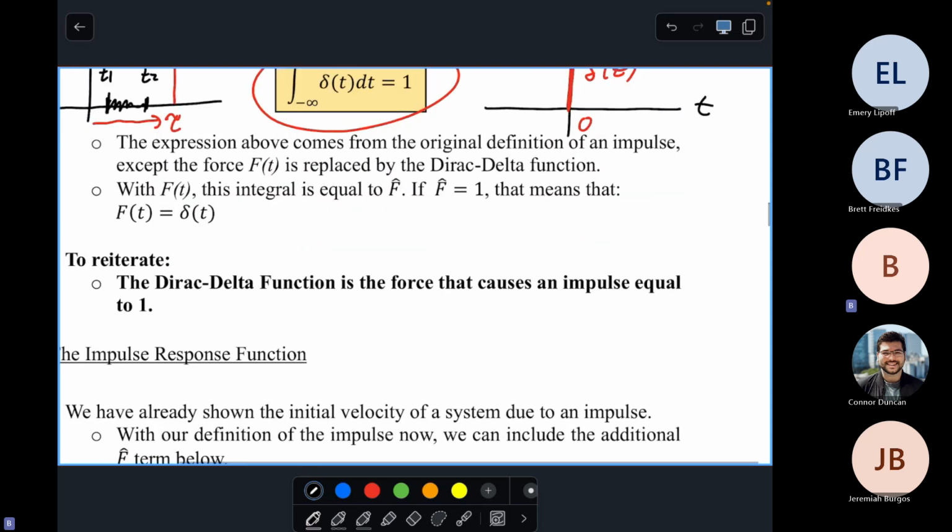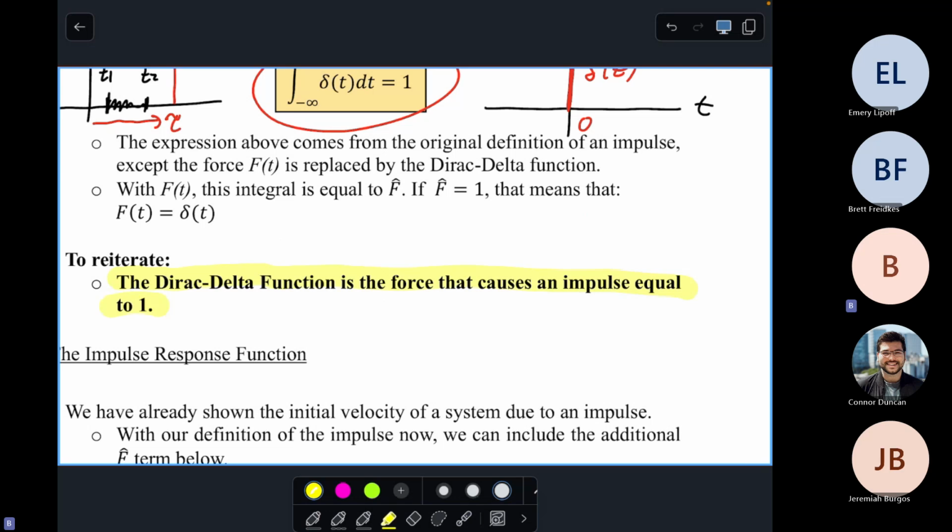So again, I have this bolded here. In general, the Dirac-Delta function is the force that causes an impulse equal to 1. Is that okay? Need that to be clear. Once that impulse equal to 1 strikes the mass, what does the mass do?